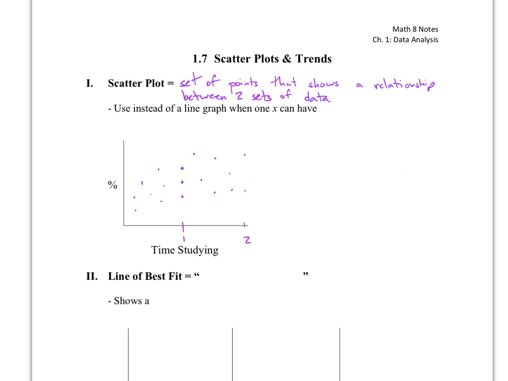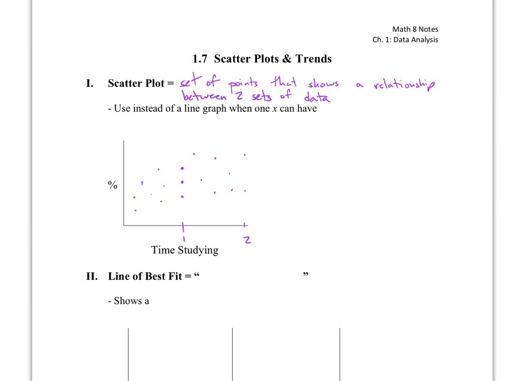And you're not playing connect the dots in a scatter plot. In a line plot, you would connect the dots. A scatter plot, you do not. Why? Because it wouldn't make sense. How would you connect these? You wouldn't connect those 3 together. Where would you connect them? I don't know. That's why we don't do connect the dots here. I know, connect the dots is fun, especially when it makes a picture.